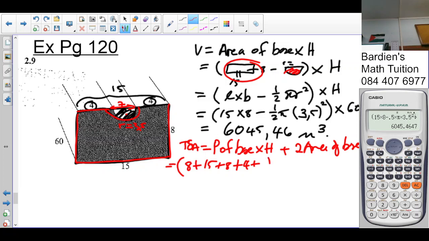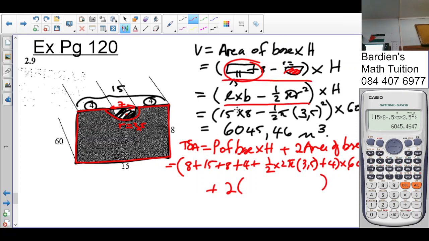So it's going to be half times 2 pi. And what's my radius? 3.5. Plus, times the height of the object, which is 60. Plus 2 area of the base.